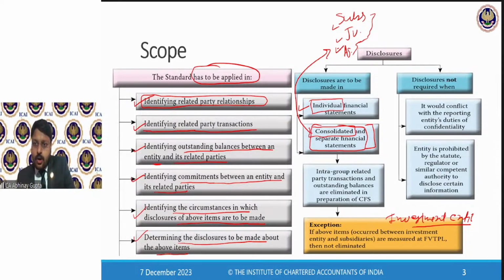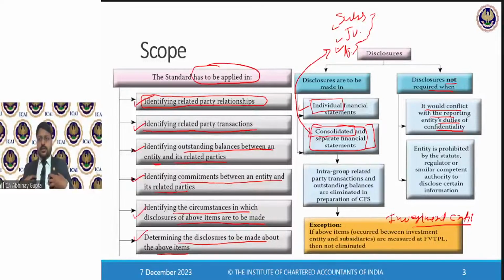Now, disclosures are not required when it would conflict with the reporting entity's duties of confidentiality, right? So, for example, I can take the example of a bank, although Ind AS are not yet applicable on the banks. But in case of banks, there might be certain entities which are related parties to the bank as well, and they are having an account with the bank, right?